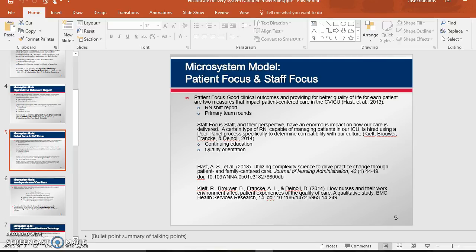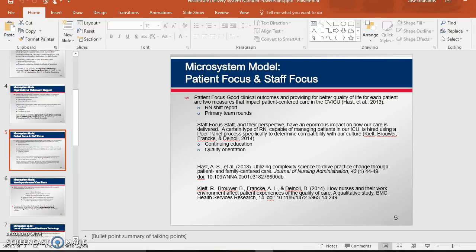Two methods of this are that nurse to nurse shift report is done inside a room to allow for family and patient participation of their care. Also, the primary care team's daily rounds are also done inside the room to address any concerns or answer any questions that patients or family might have.